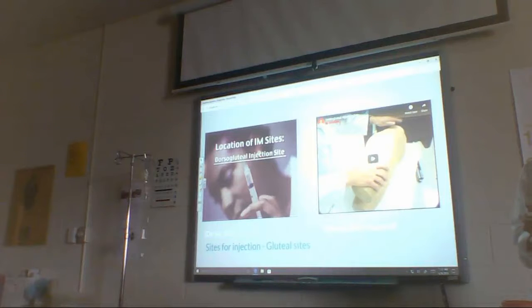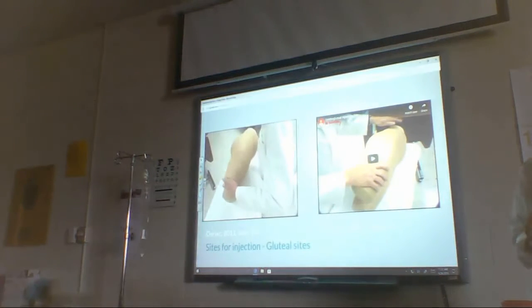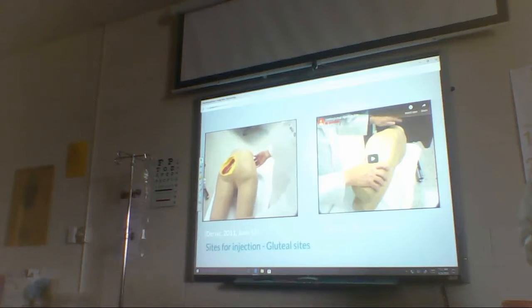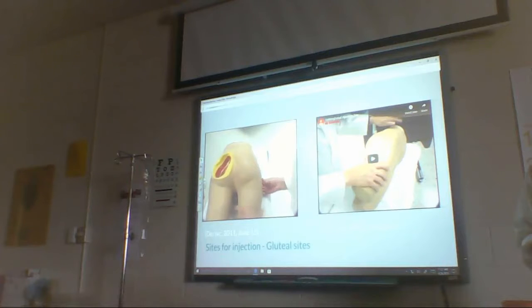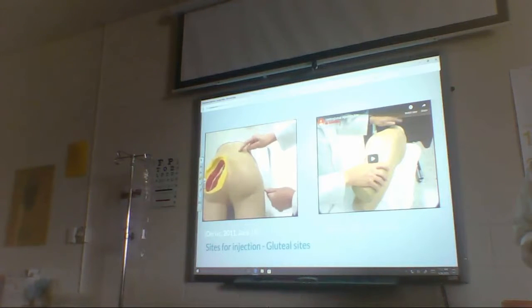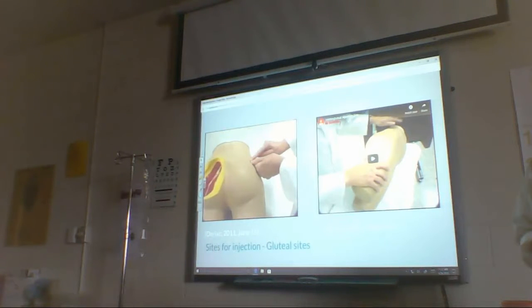Dorsogluteal injection site. Place client in prone position. Identify greater trochanter by placing hand on site. Now, identify the posterior superior spine or prominence of the iliac crest. Draw an imaginary line between trochanter and posterior superior iliac spine.